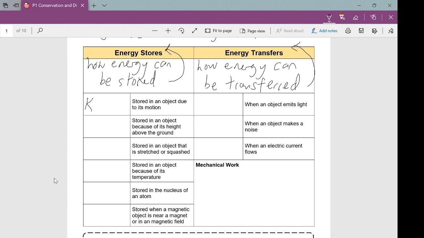Spot on, Beth. Spot on, Sean. Well done. Kinetic. Very good. Don't worry so much about spellings.